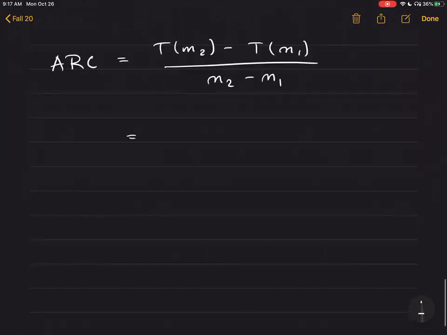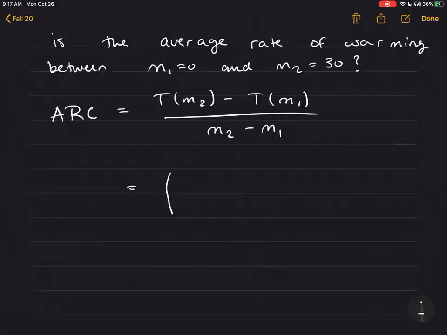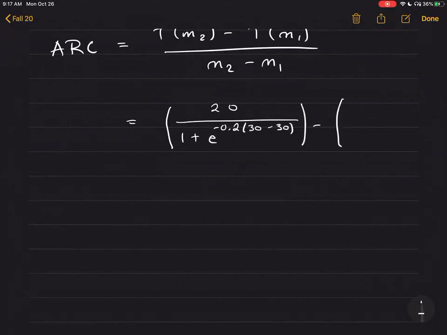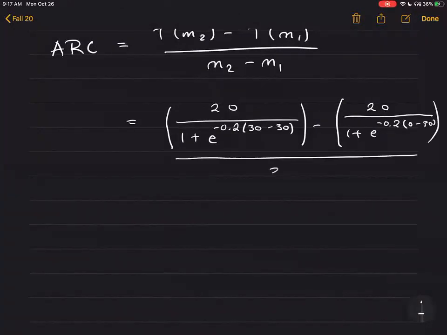And so if we plug our m's into our function, so we let m1 be 0 and m2 be 30, we get 20 over 1 plus e to the negative 0.2 times, plug in 30 for that, minus 30, minus 20 over 1 plus e to the negative 0.2 times 0 minus 30. That's all going to be over 30 minus 0.